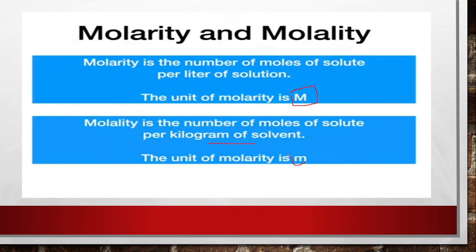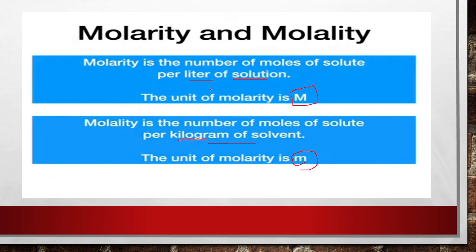So if we look at the key differences here, the first difference is in the definition. The number of moles is the same in both, but where it is present and in how much solution differs. In case of molarity, it is present per liter of solution, whereas in case of molality, it is present per kilogram of solvent.